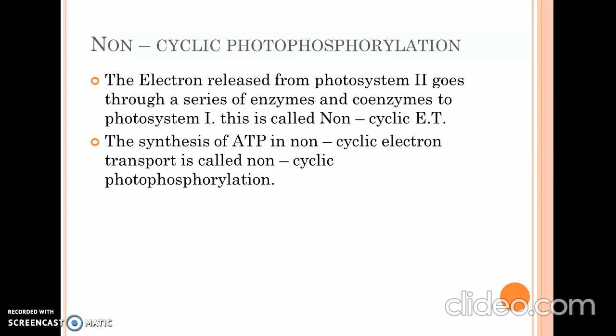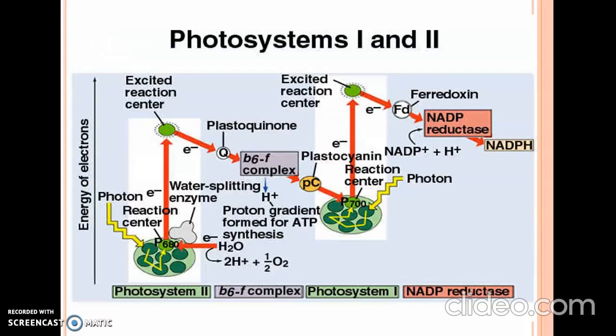Here the electrons are released through a series of enzymes and coenzymes. Here the ATP molecules are also synthesized, and that is the reason it is known as non-cyclic photophosphorylation. This is the schematic representation of non-cyclic photophosphorylation, in which two photosystems are present, photosystem 1 and photosystem 2.